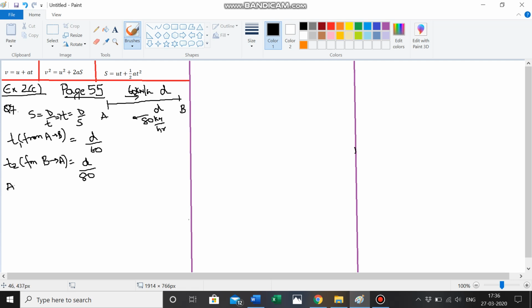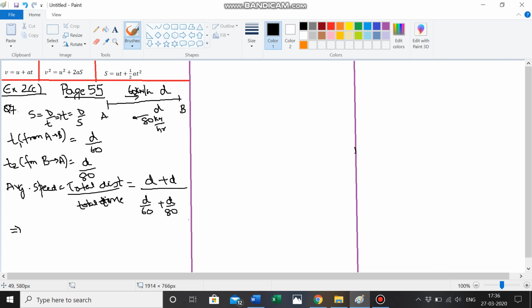So average speed will be equal to total distance upon total time. Total distance would be d plus d because distance is the same in both the cases, and total time will be d upon 60, which is in the first case, plus d upon 80.